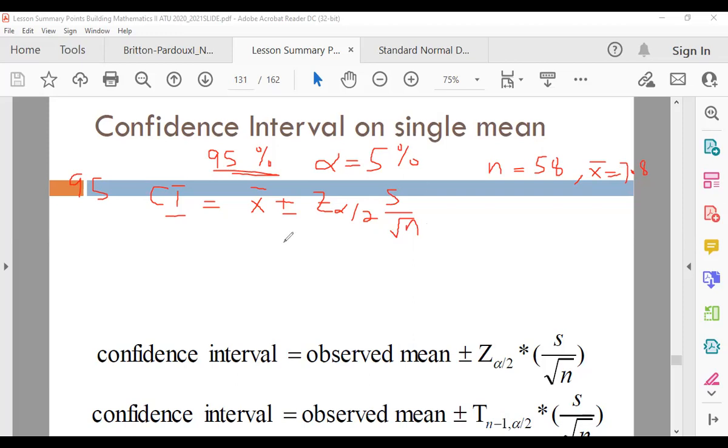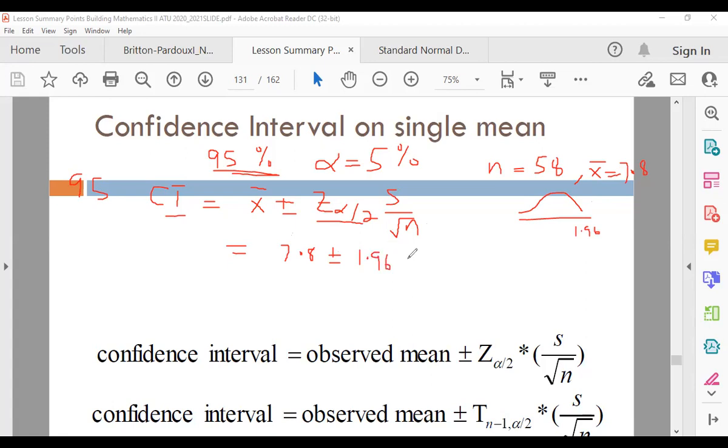So that should give us 7.8 plus or minus the Z value we calculated. If you remember, when we read the Z table, we had 1.96 and negative 1.96. So we can put 1.96 there, which is Z alpha on 2.